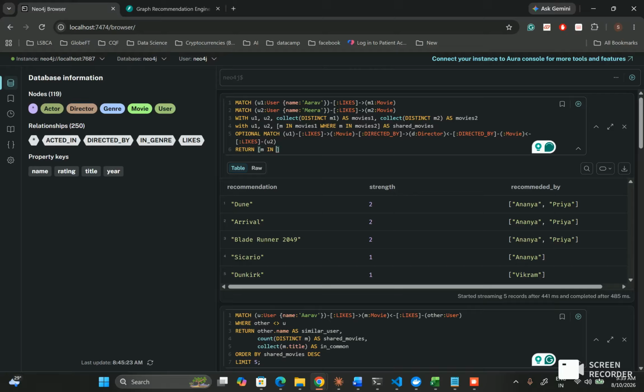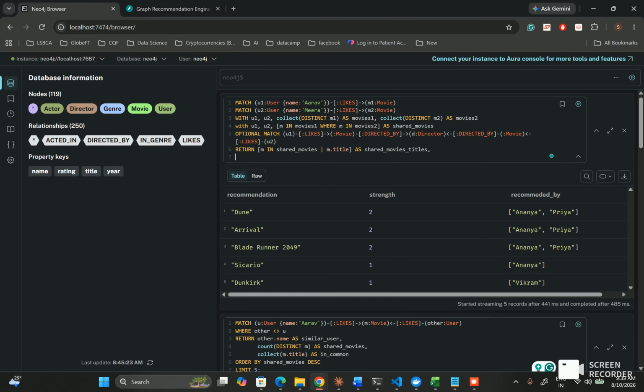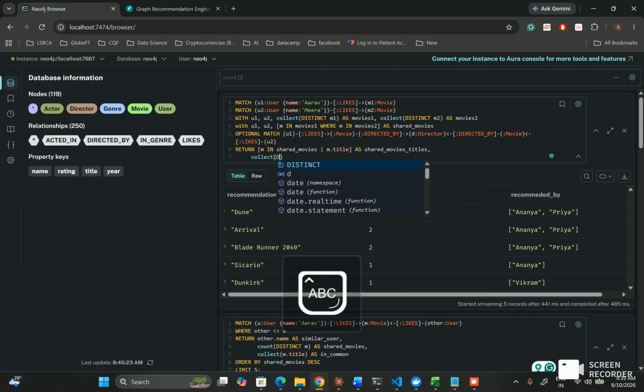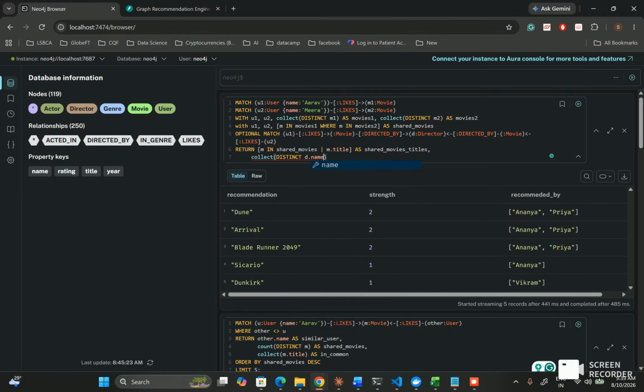Return shared movies m.title as shared movie titles, collect distinct d.name as shared directors.